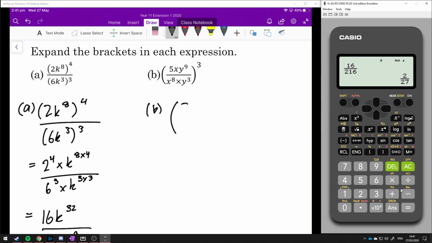Continuing on, we're going to do part B. Now we have (5xy to the 9) over (x to the 8 times y to the 3), all cubed.